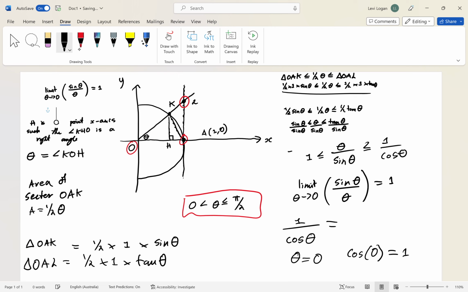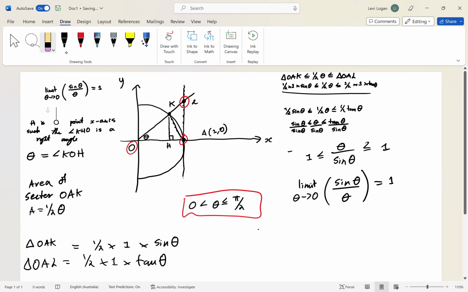So therefore, when you apply this limit, the limit when theta goes to 0 is equal to 1. So therefore, this statement on the right hand side is also equal to 1.